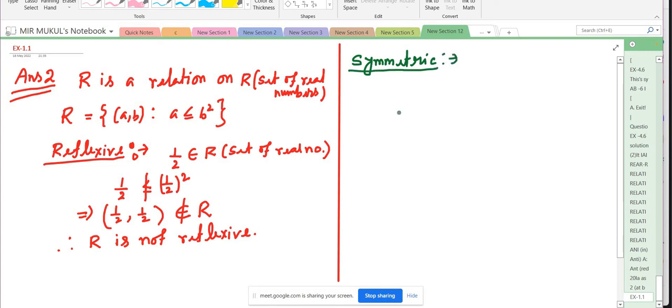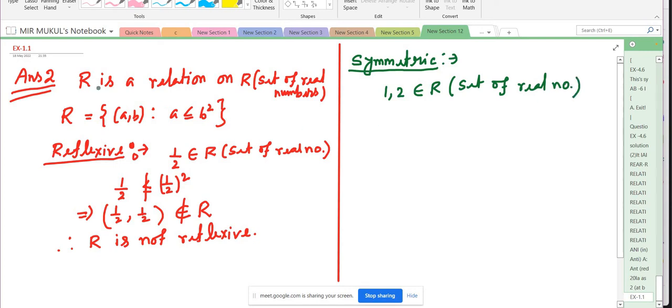It is easy. See, 1 is less than or equal to 2 square. 1 and 2 both belong to the real numbers, but (2, 1) does not belong to R. Why am I writing this?